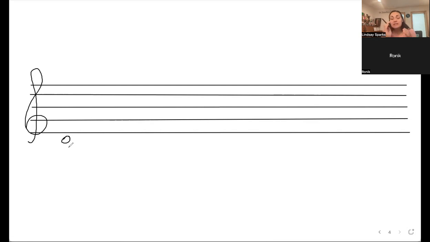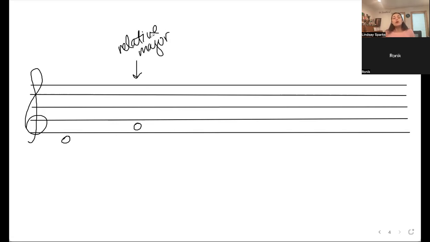So if I take D and I go up a minor third, well, I know that the major third is F sharp, because that was what we just had on the last slide, right? That was D, E, F sharp. So if I want to do minor, it's going to be F natural. Okay. So F natural, that's actually what we call the relative major.